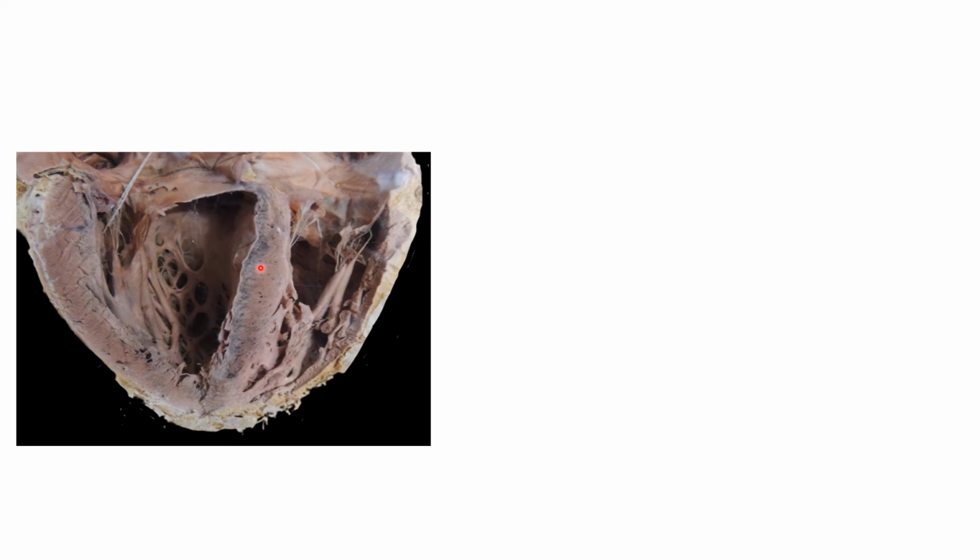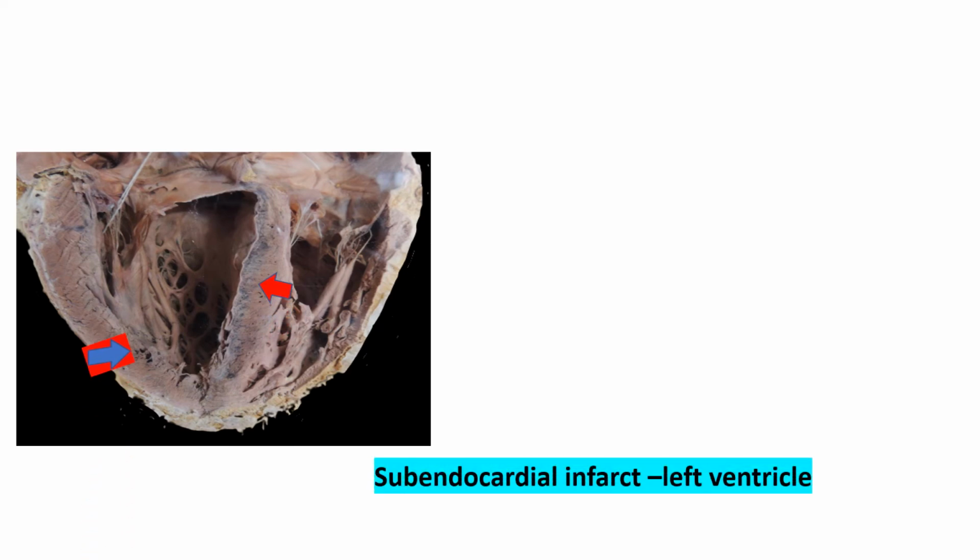Now you see on the subendocardial surface there is an infarct. So blackish brown and linear in the interventricular septum region, apical region, and part of the lateral wall is also involved. So this is the specimen of subendocardial infarct in the left ventricle.